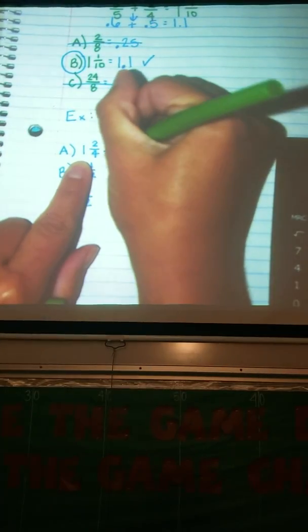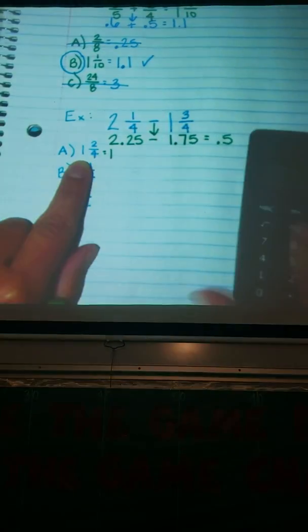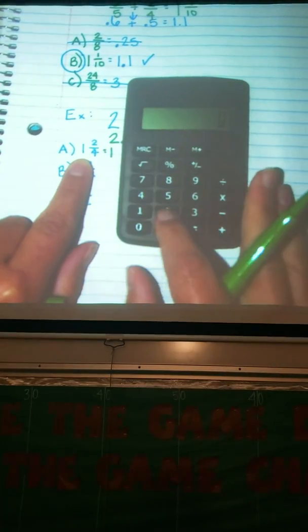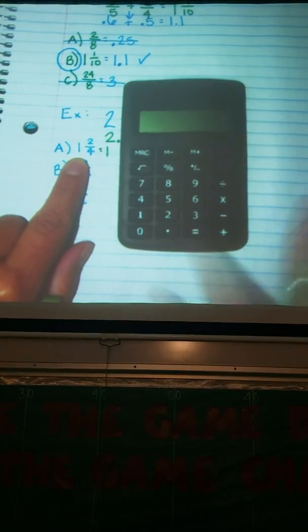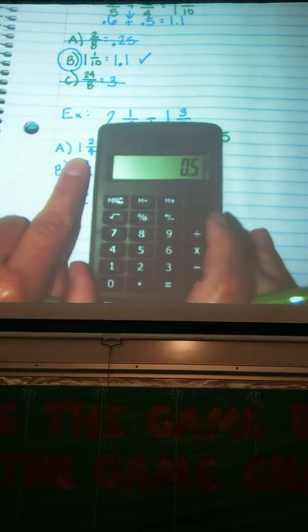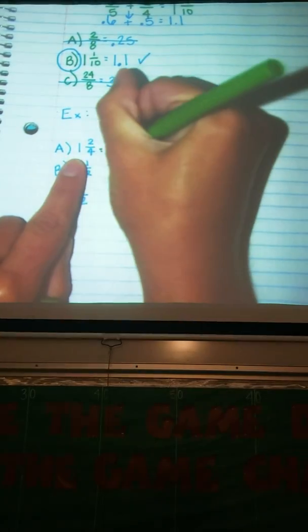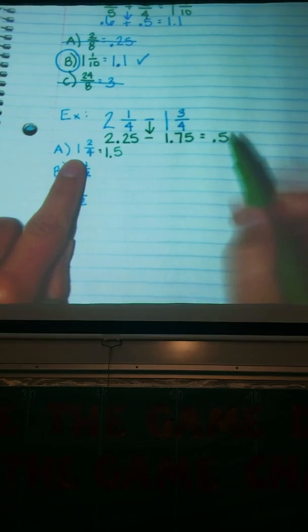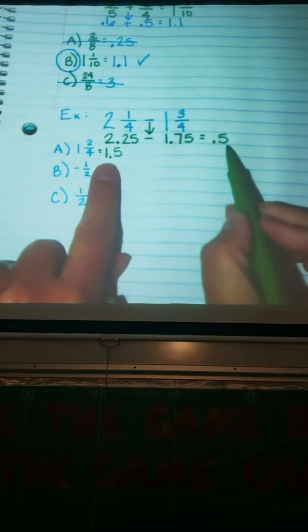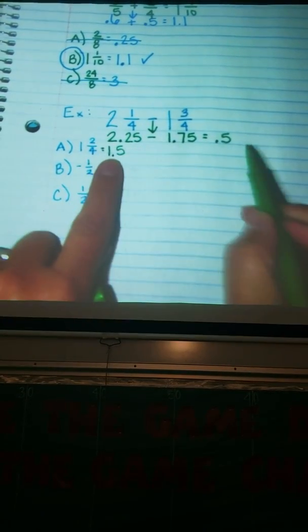So I leave that 1 alone, and then I am going to do 2 divided by 4. Okay, so I have 0.5. So I'm going to add my 0.5 here. We already talked about this. 0.5 is not the same as 1.5. So we can rule that one out.